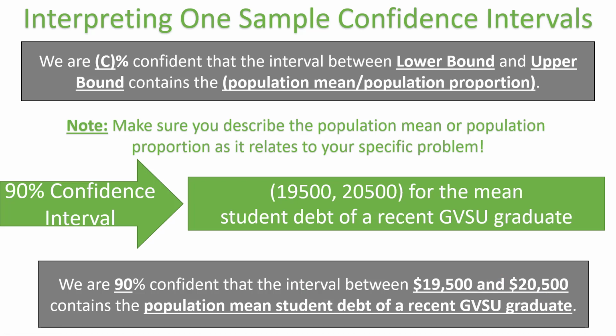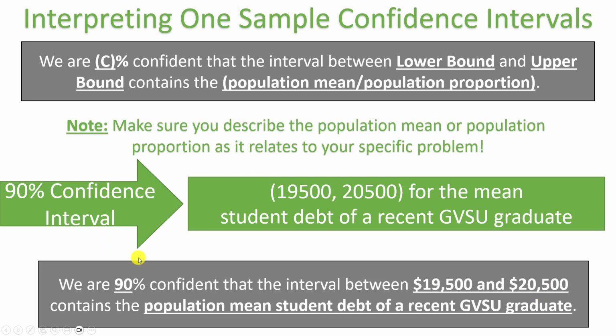In other words, we don't know what the true population mean student debt of all recent Grand Valley graduates is. We only have a sample, and we would need a census to know that value exactly. But we are able to say with 90% confidence that the mean falls somewhere between $19,500 and $20,500.